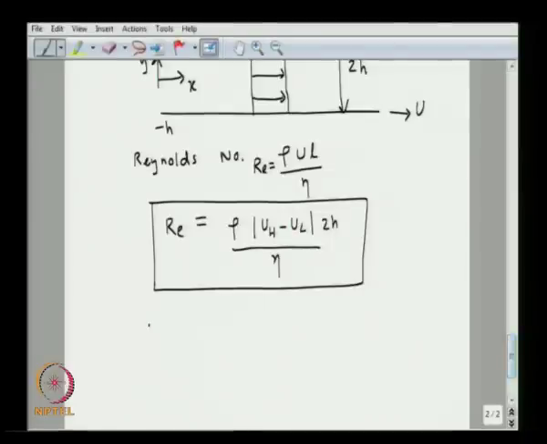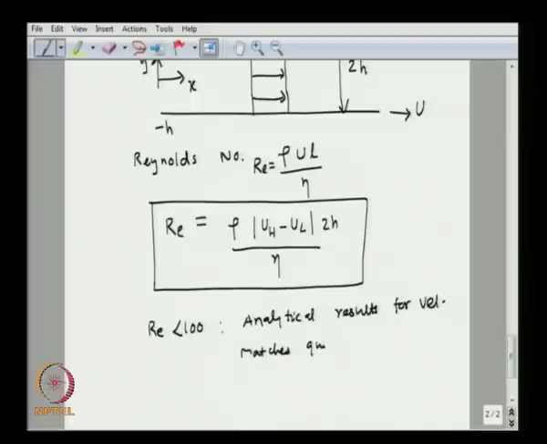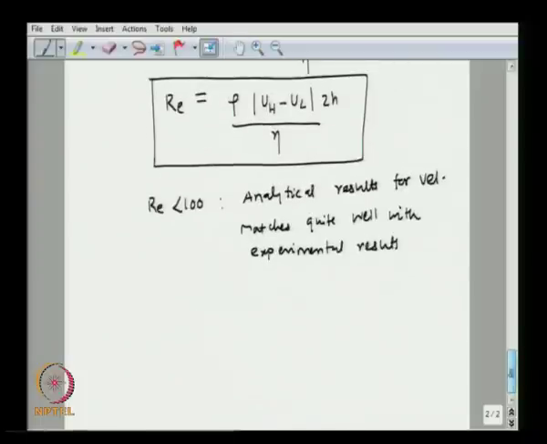So, for Reynolds number less than 100, the analytical results for velocity match quite well with experimental results. Okay. And this is the case which is valid for microsystems.